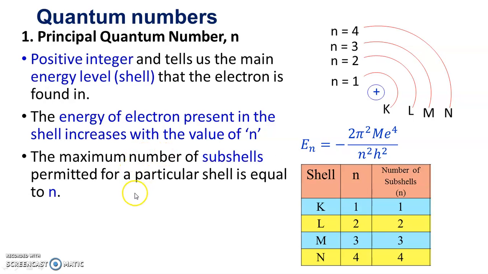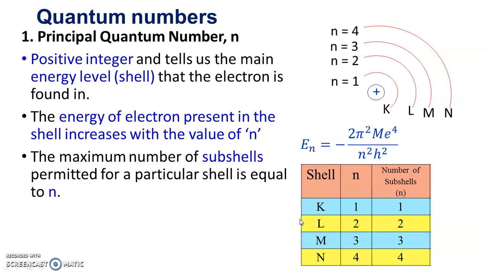Now the maximum number of subshells allowed for a particular shell is equal to the value of n. For example, for the K shell, the value of n is 1, so the number of subshells is 1. For the L shell, n is 2, and the number of subshells is also 2. For the M shell, n is 3, so there are 3 subshells. And for the N shell, n is 4, so there are 4 subshells.